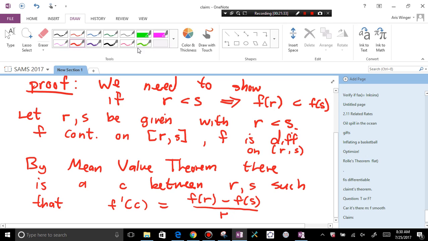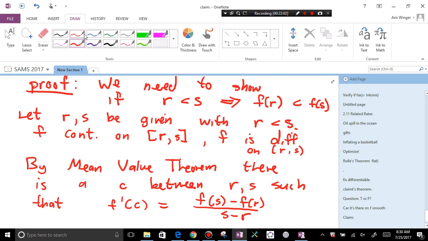Wait, which one's bigger? S is bigger, right? Yeah. So f of s minus f of r over s minus r. I want to show f of s is bigger than f of r.